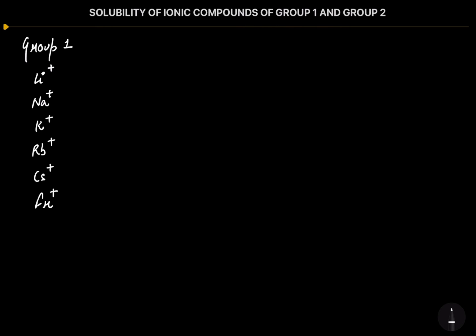Now the elements of group number 1 are all metals. Now as they are metals, the solubility will depend upon the ionic character, or we can say the charge densities.